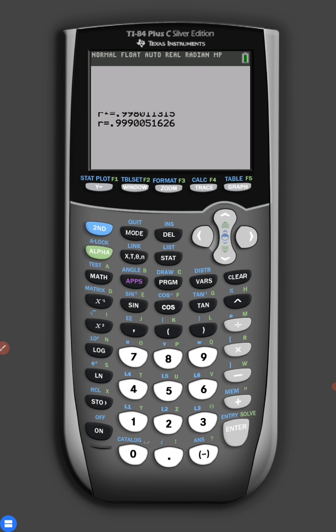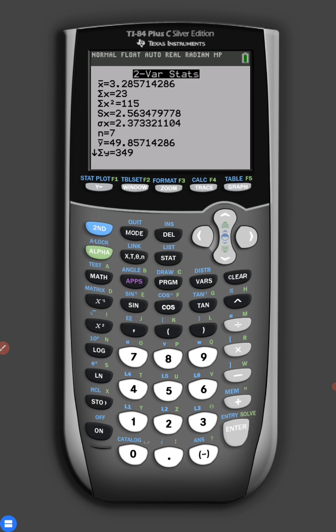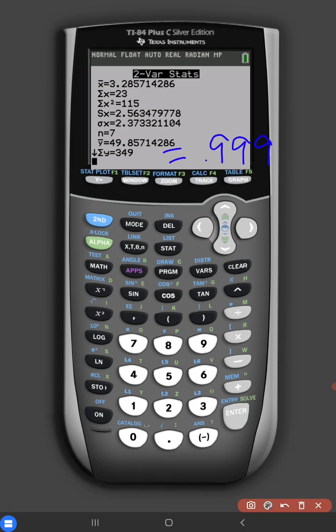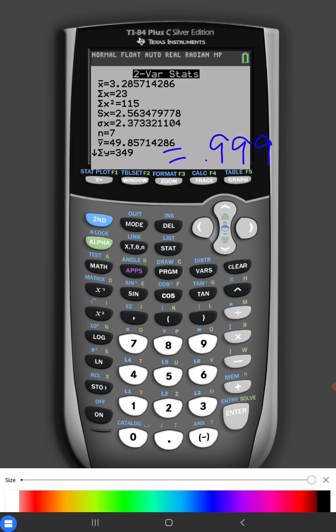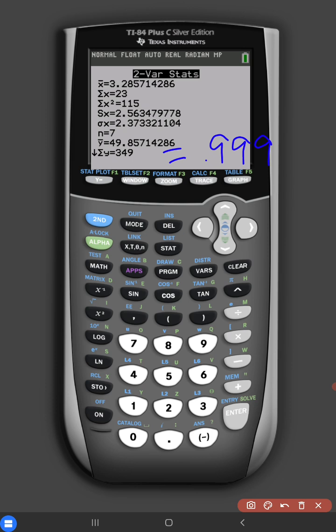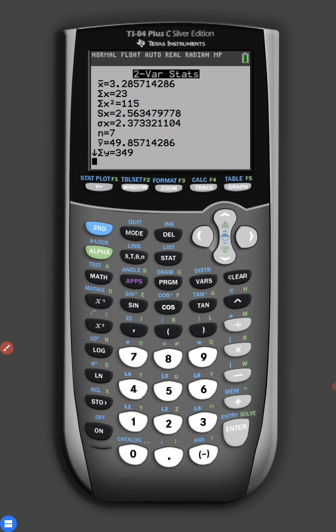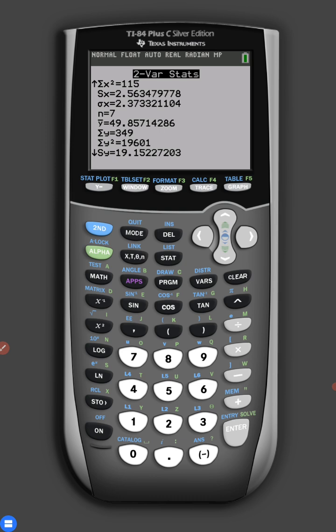So I go down to calculate, and boom, right up here, and I'll circle these for you. Here is SX sitting right there. So that's my standard deviation for X. And if I scroll down, there's your standard deviation for Y sitting next to where it says SY equals.